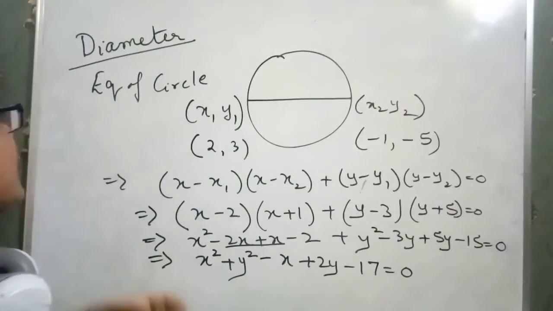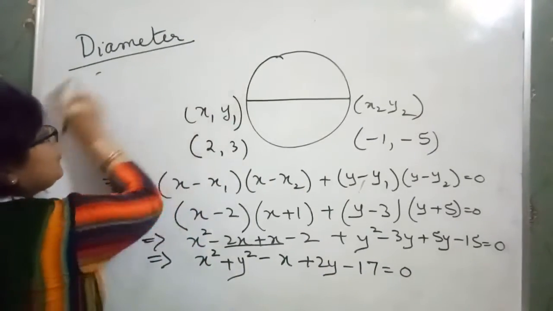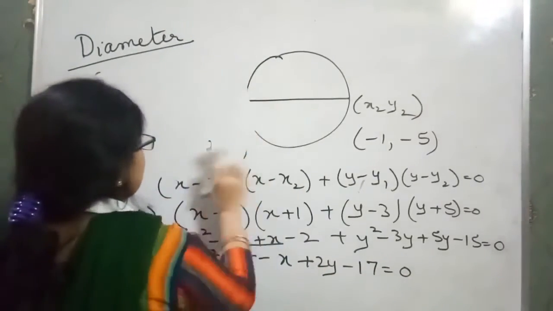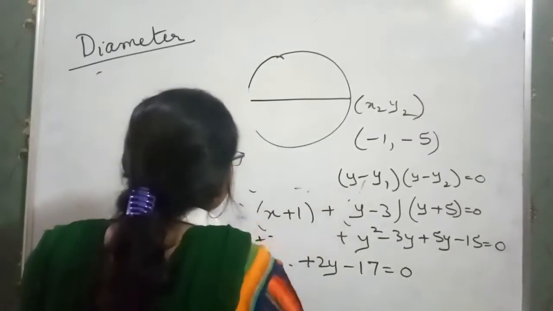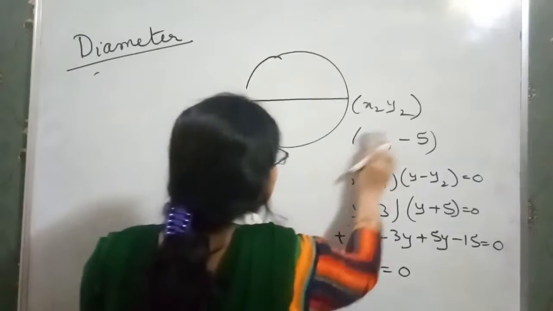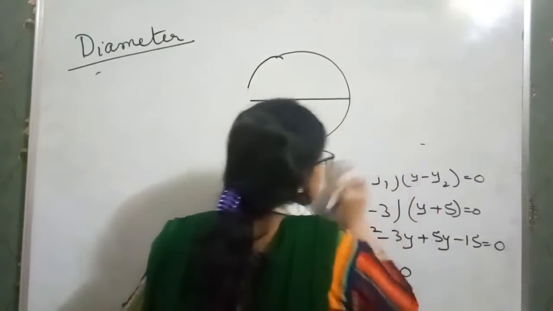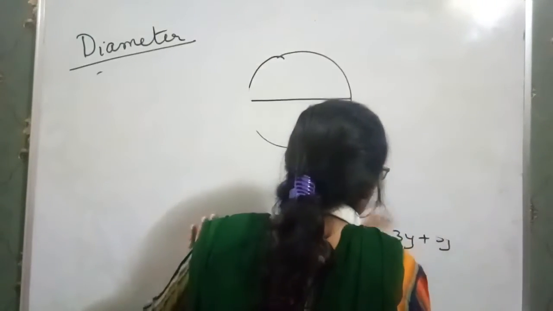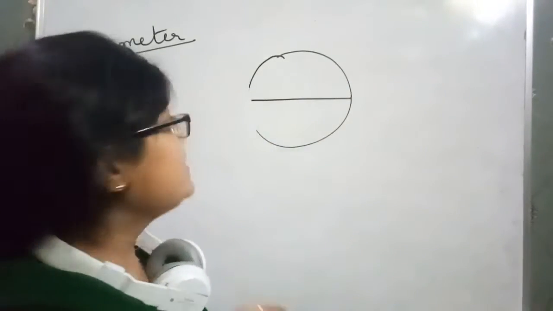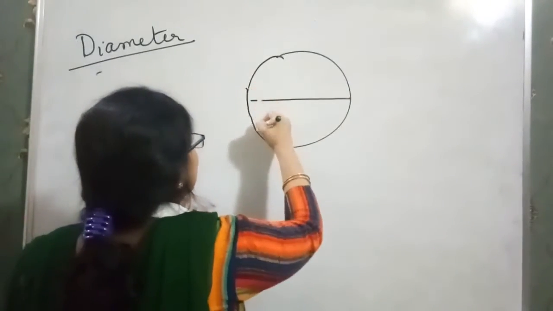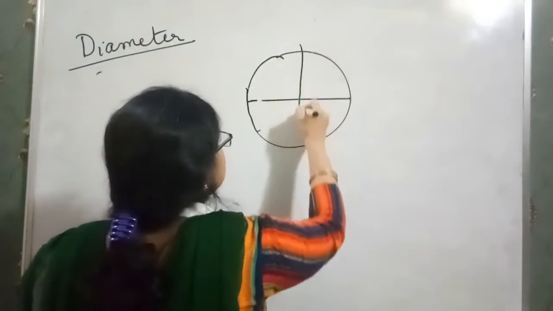Now just see another case. We have to find the equation of the circle when the lines which represent the diameters of the circle are given. Okay. So in that case, how do we find the equation of the circle? For example, there are 2 lines of the diameter.